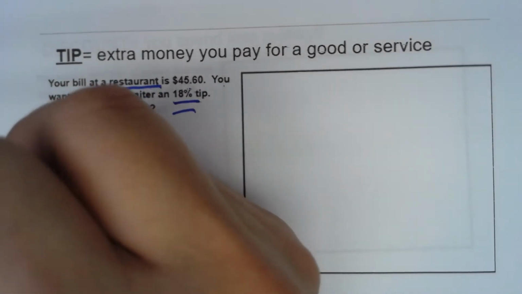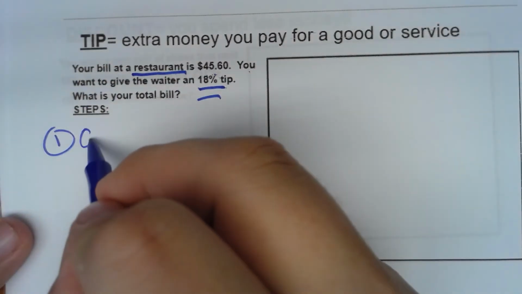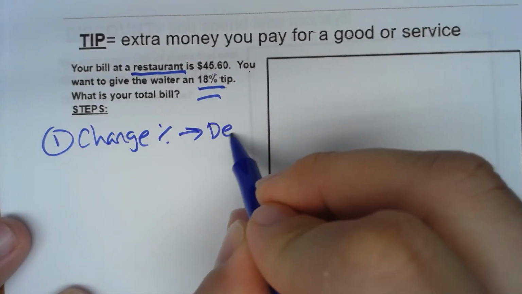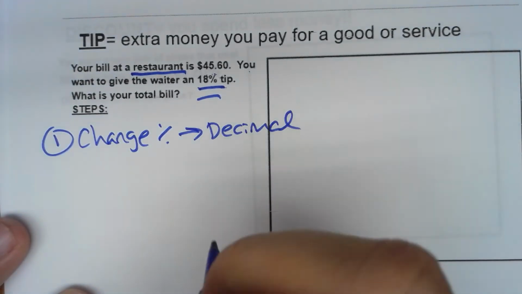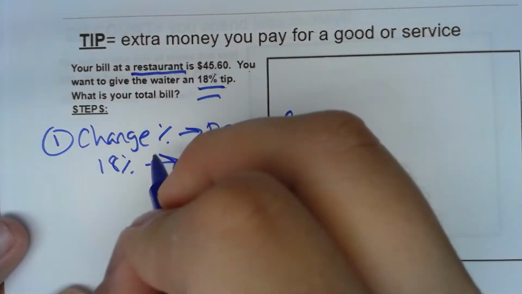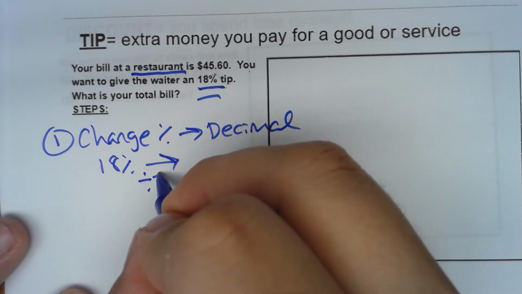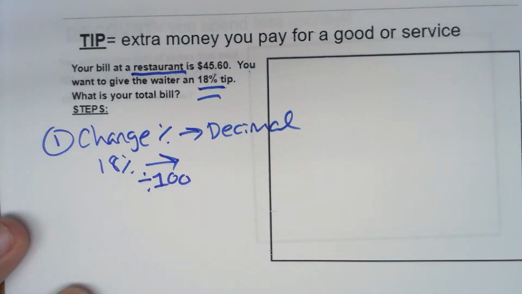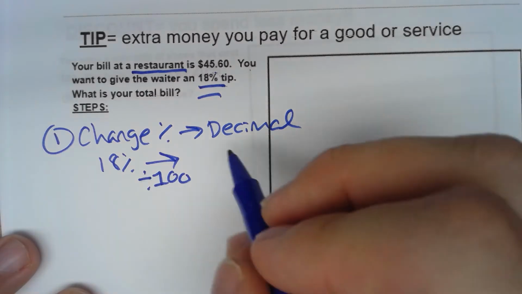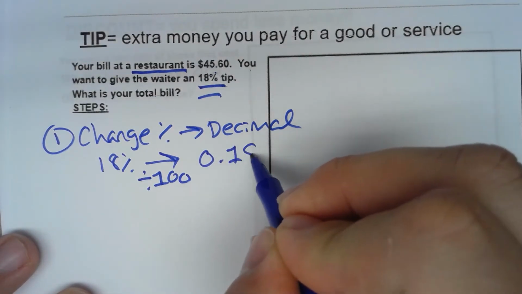Step 1, change percent to a decimal. So you're going to change 18% to a decimal by dividing by 100. 18% divided by 100 is going to be 0.18.